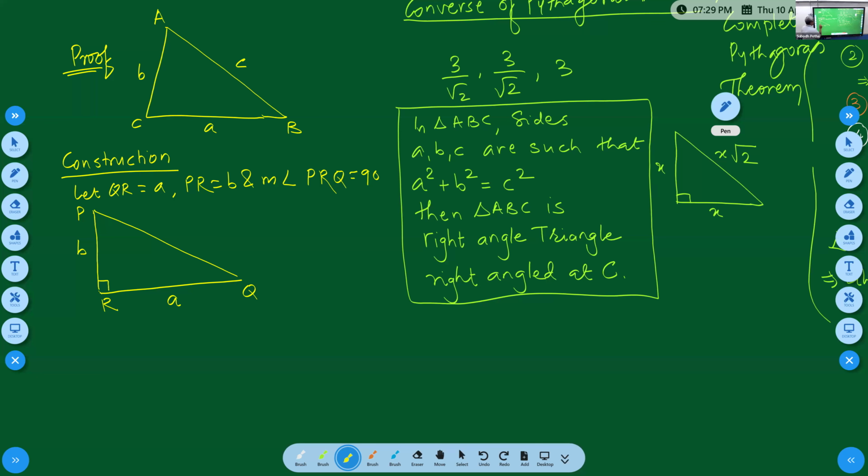Therefore, this side PQ is equal to square root of a square plus b square by Pythagoras theorem. We have proved that, therefore we can use Pythagoras theorem to prove the converse.